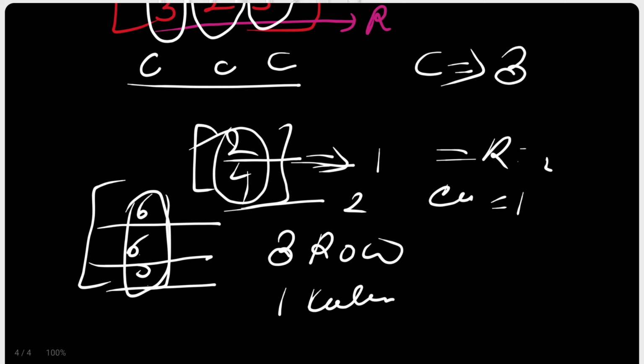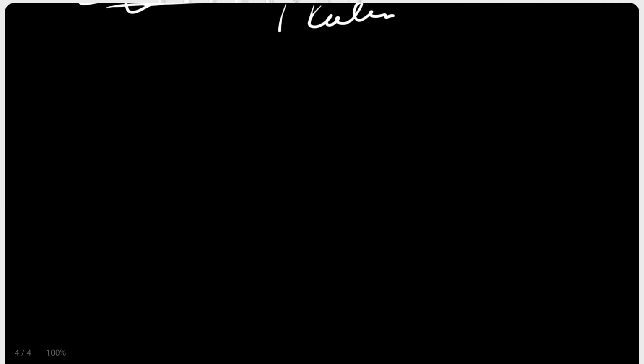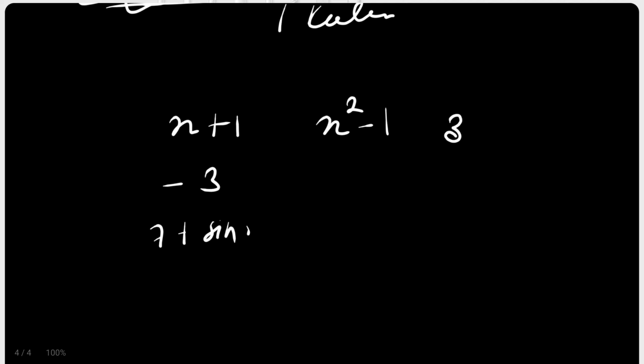Right, so let me give you some questions like this: x plus 1, x square minus 1, 3, minus 3, 7 plus sine x and 2, this is 4, and this is sine x, and 3 plus sine 2x.